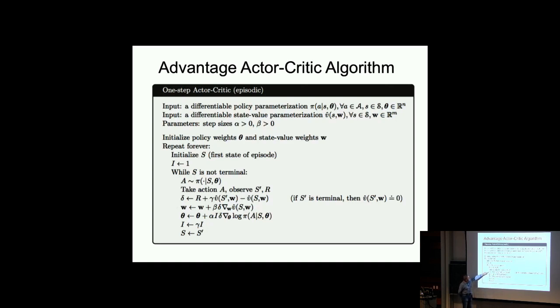Then, given that delta, that temporal difference error estimate based on our approximate value function, we use that to update both the parameters w, which refine our approximation to the value function, and the parameters theta, which define the policy itself. So this is an actor-critic algorithm in the sense that it's learning both the policy and the value function, and in this case it's using that estimated temporal difference.